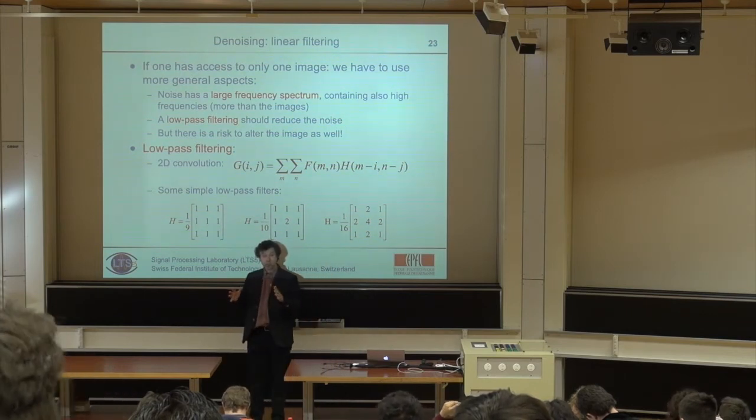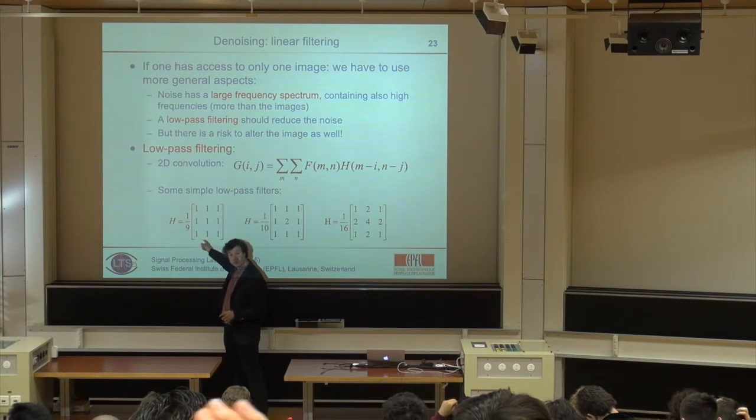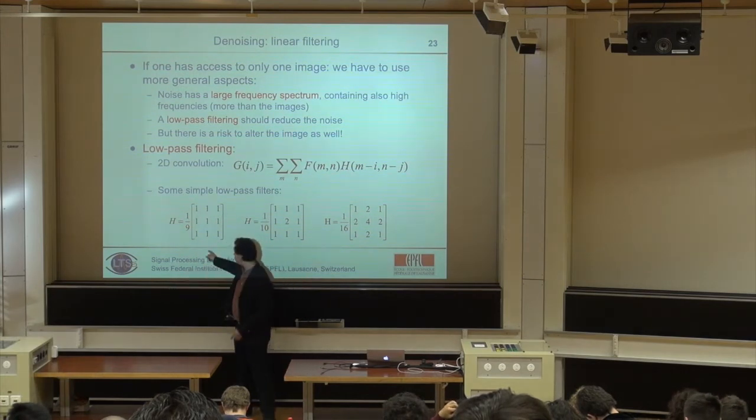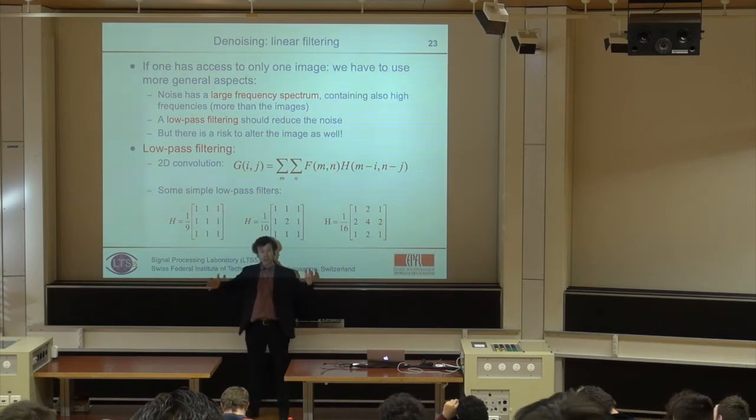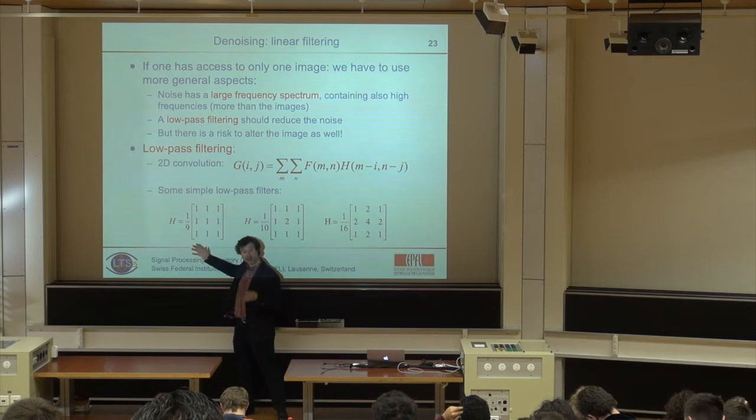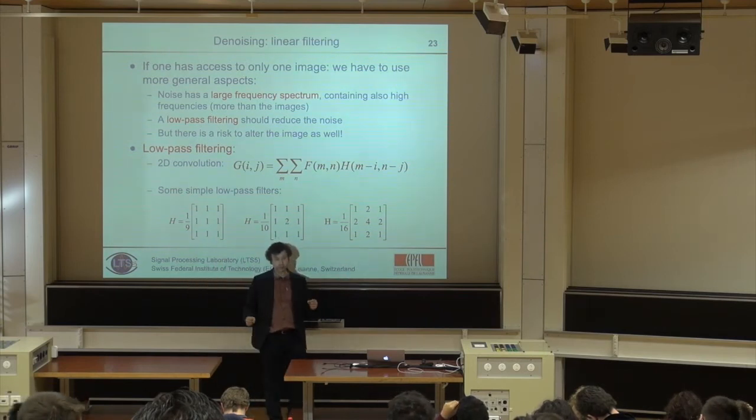So basically, the bigger the filter, the more you smooth, because you calculate the average on more points. Okay?